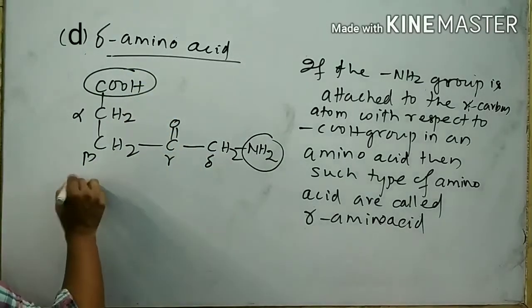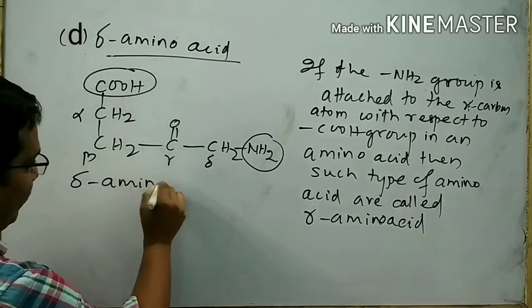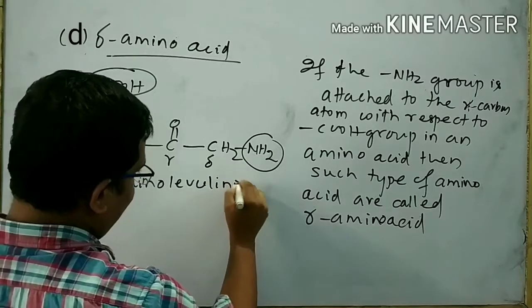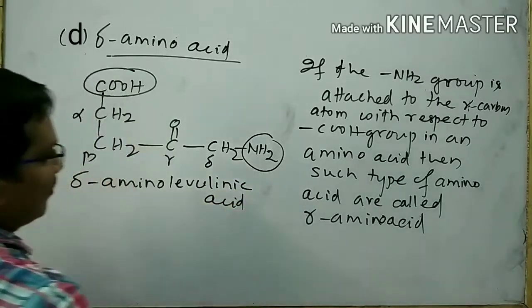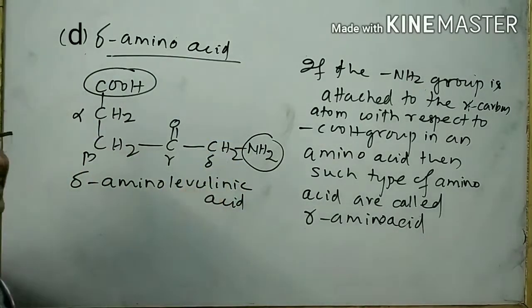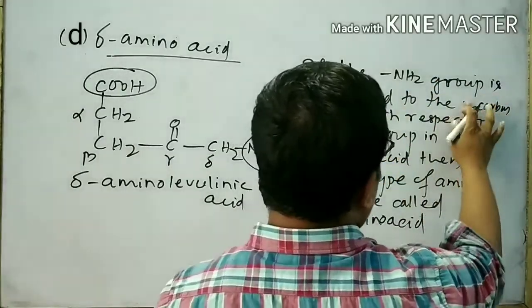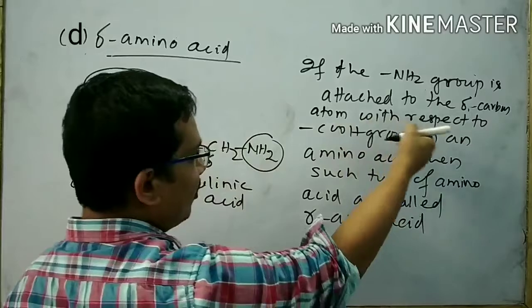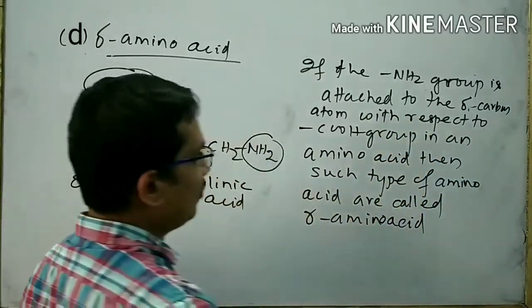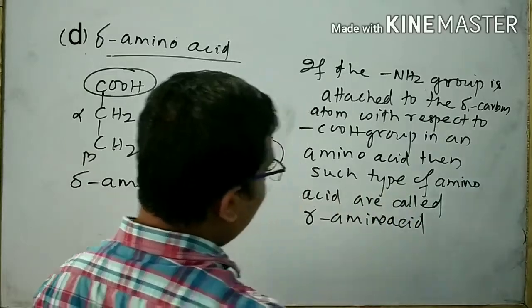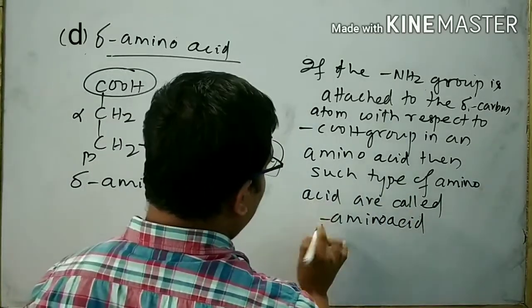The name of this compound is delta aminolevulinic acid. From this example, it is clear that if the NH2 group is attached to the delta carbon atom with respect to the COOH group in an amino acid, then such amino acids are called delta amino acids.